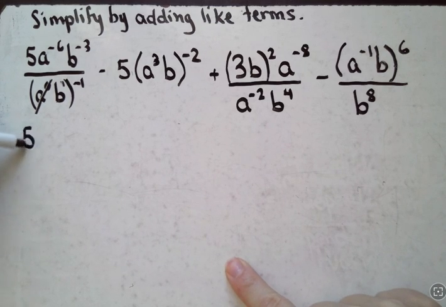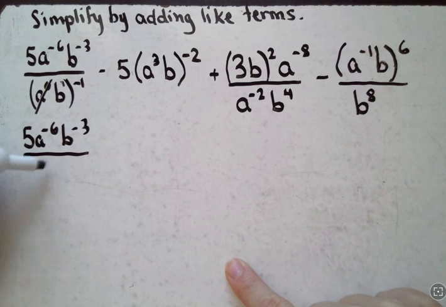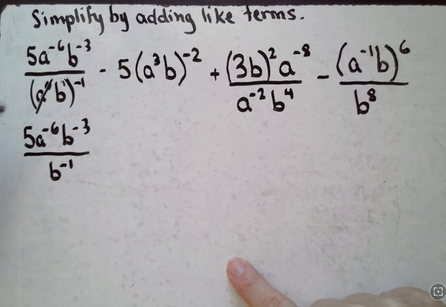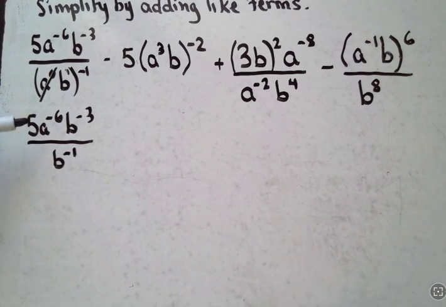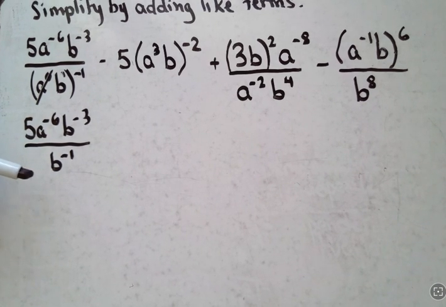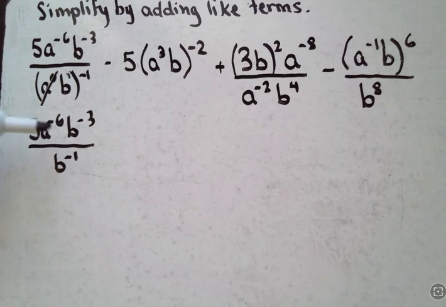So now I have 5a to the -6, b to the -3 over b to the -1. And I can simplify that a little further because I have a b on the top and a b on the bottom. So now I can use the quotient rule. The quotient rule tells me to subtract the top exponent minus the bottom exponent.